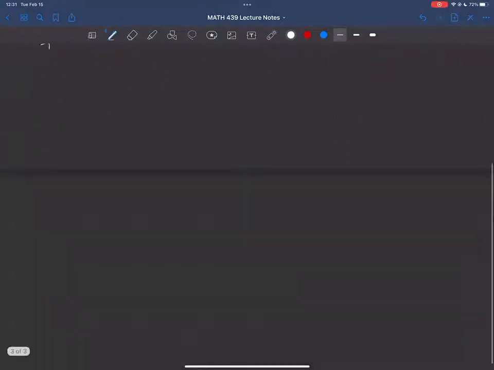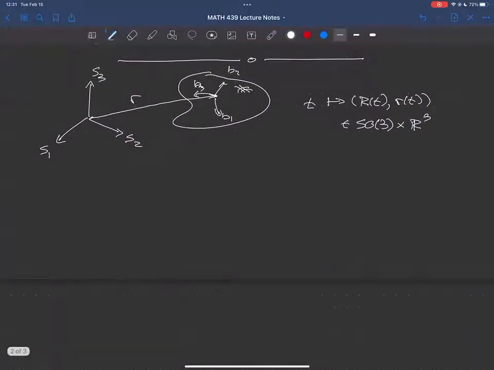And we defined the body angular velocity, and it was defined by working with the rotational component. And remember that I will frequently, I'm afraid, forget to put hats and things on vectors.